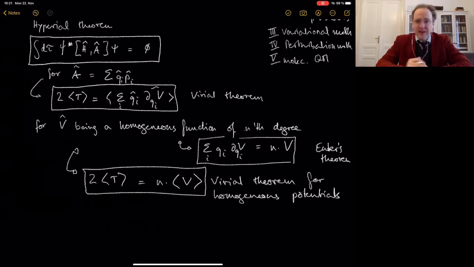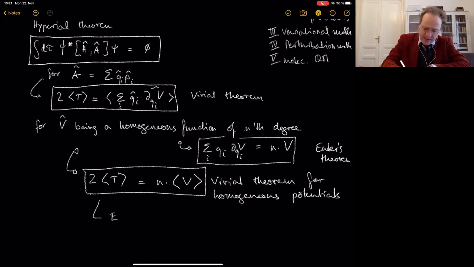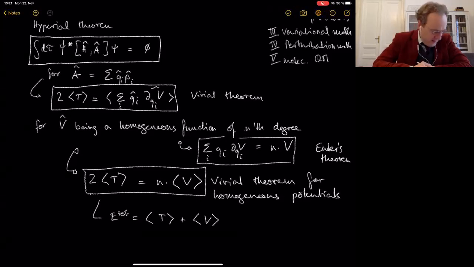So here we have a relationship between the kinetic and the potential energy, and that is extremely helpful. And together with the relationship that your total energy must be the sum of the two, you can eliminate either if the other is known.